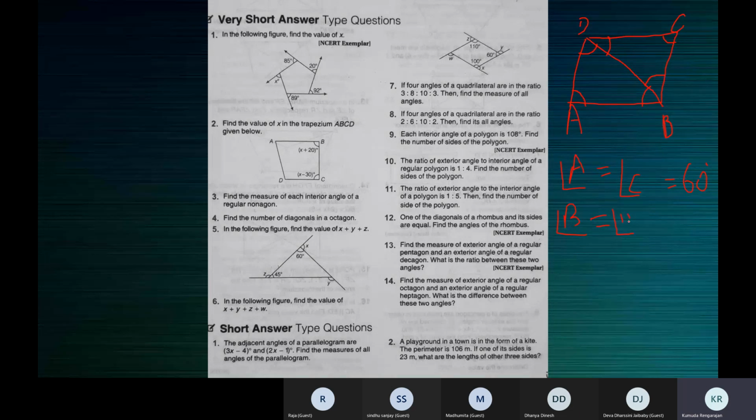B and D will be equal: 60 plus 60, which is 120 degrees. Angle A is equal to angle C, both 60 degrees. Angle B is equal to angle D, 120 degrees. After this, do the 14th one.